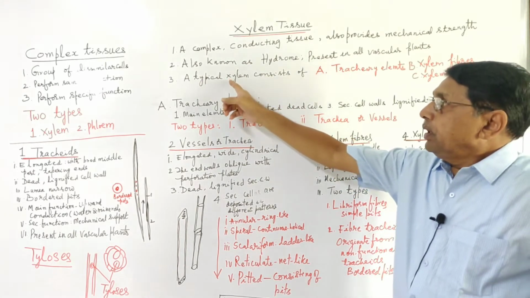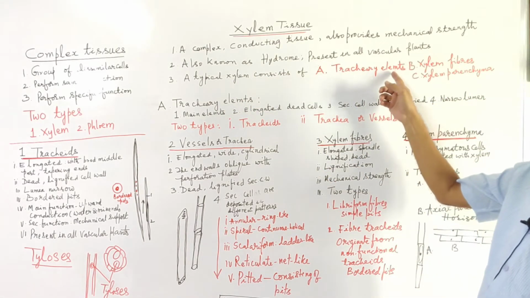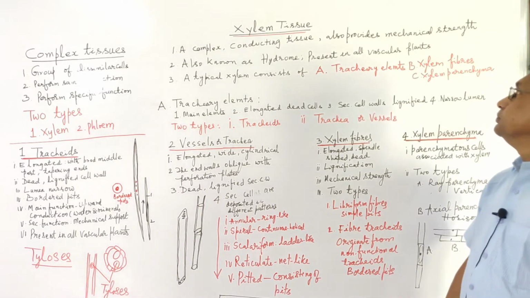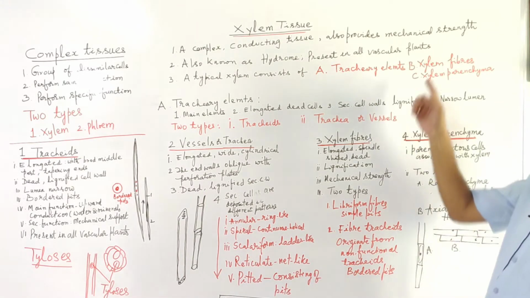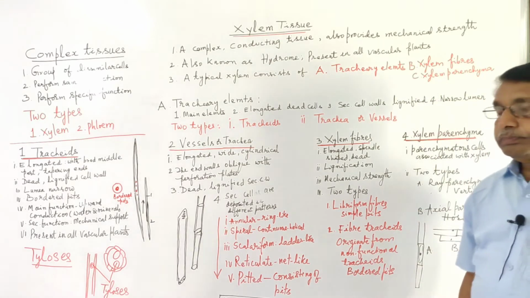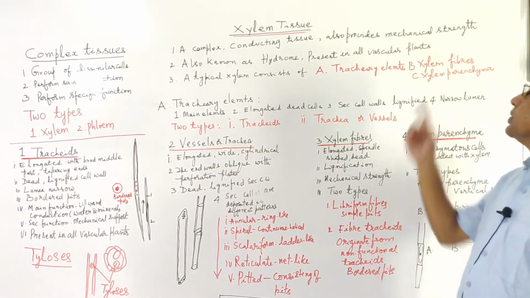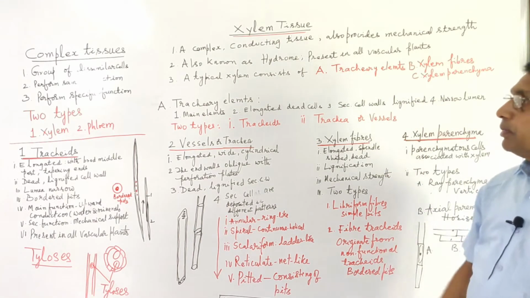A typical xylem consists of tracheid elements, xylem fibers, xylem parenchyma.